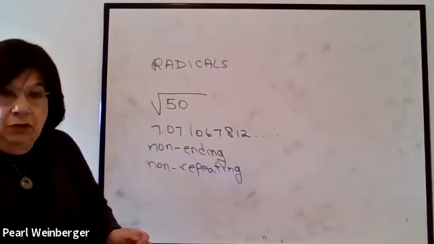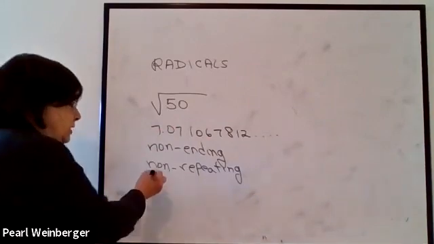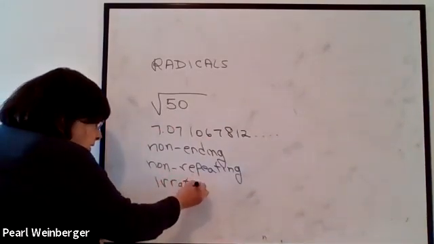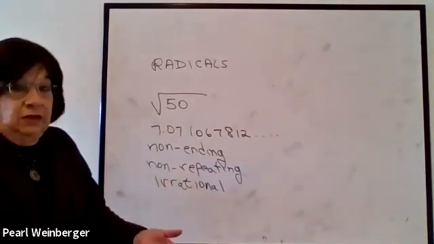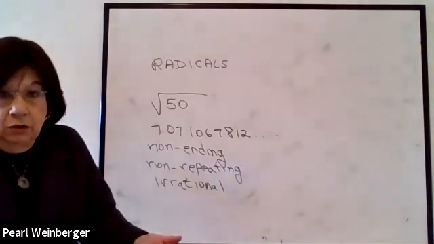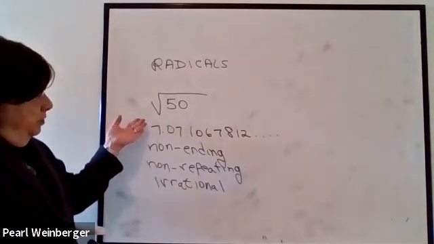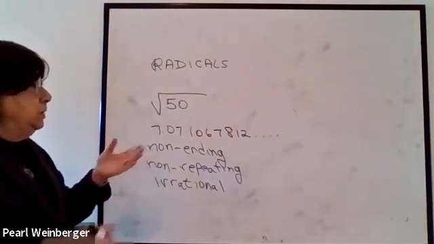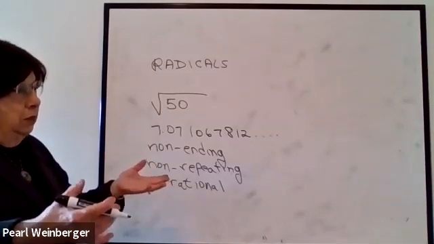When you have a non-repeating, non-ending decimal, that is something that's called an irrational number. An irrational number is one that doesn't have an exact square root. So, going back to this, the square root of 50 is irrational, which means that its answer is unending and non-repeating.